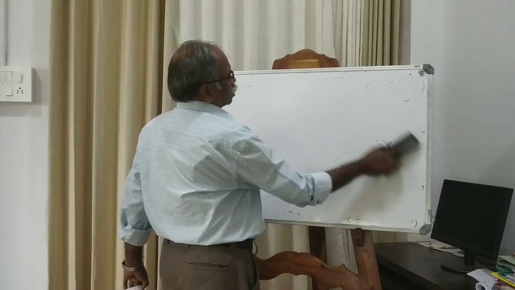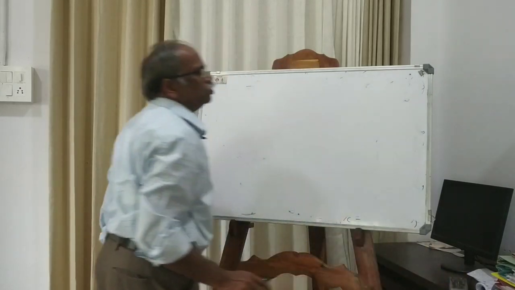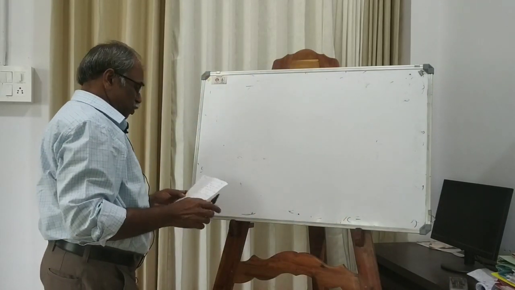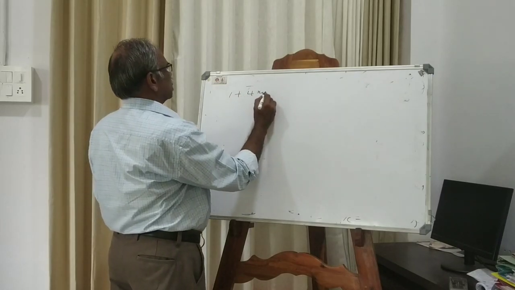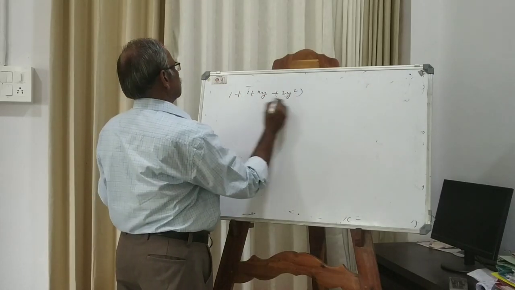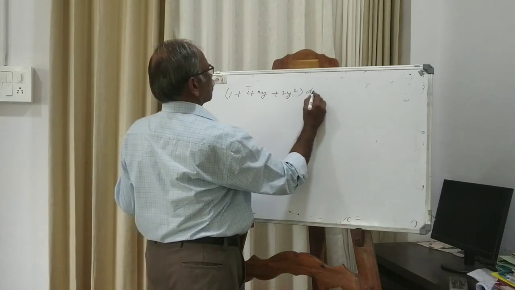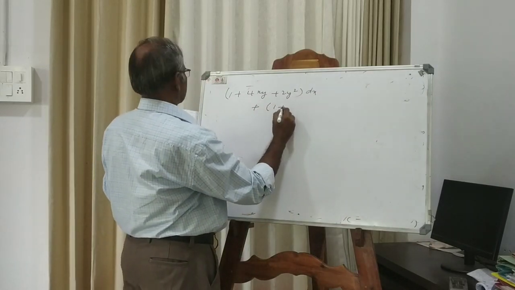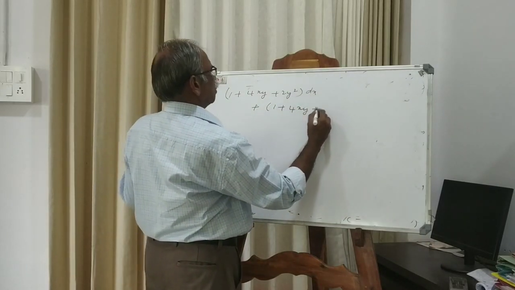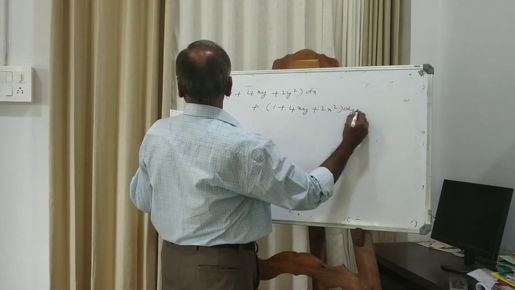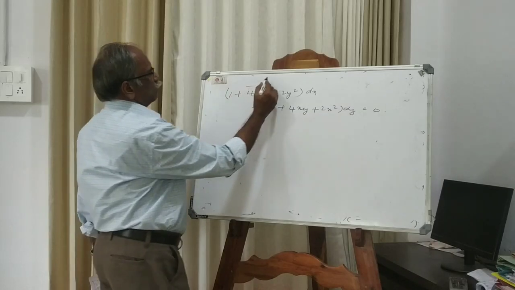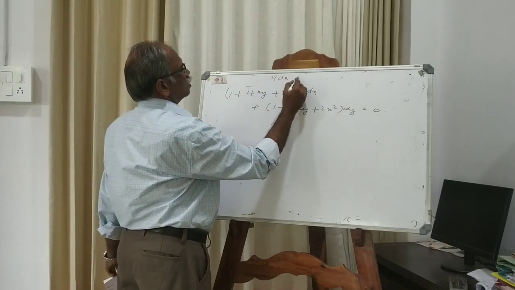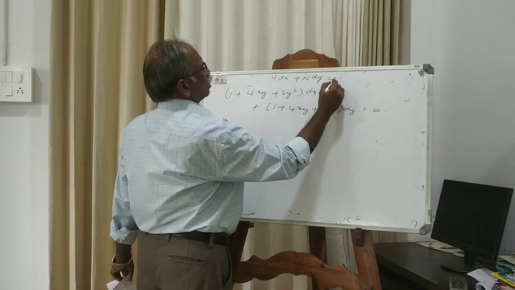Now we go through certain examples of how to solve an exact differential equation. The first example is (1 + 4xy + 2y²) dx + (1 + 4xy + 2x²) dy = 0. The general form is M dx + N dy = 0.